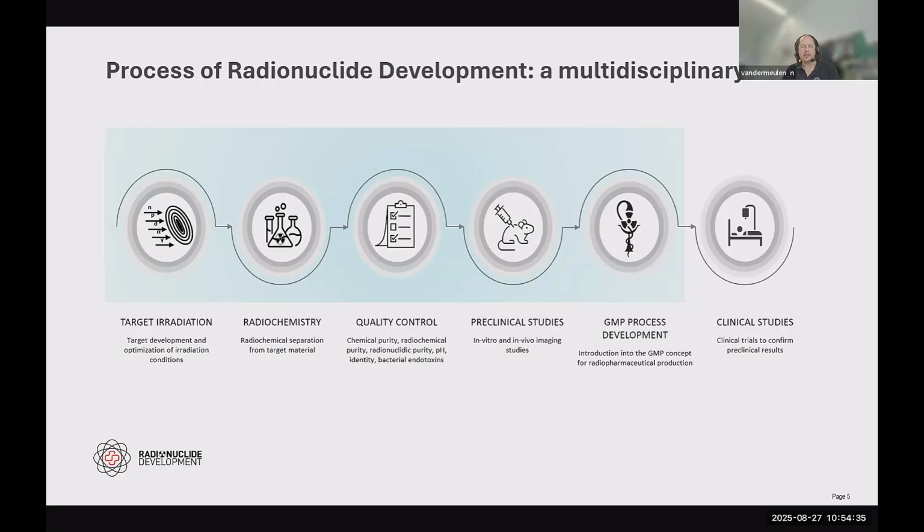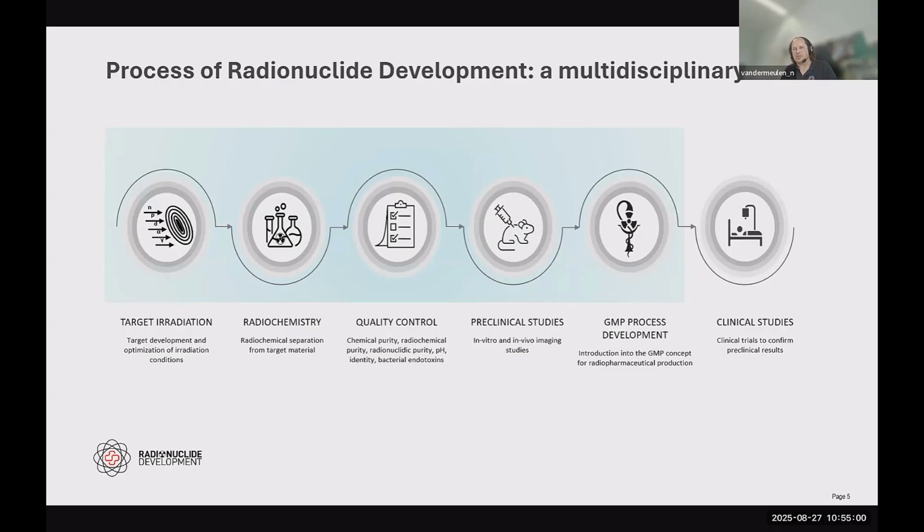We have radiochemistry, which ensures that your pure product is produced. The quality control ensures that we have a pure product that we can utilize, also with regards to labeling to a specific ligand. Preclinical studies take that radioligand and test it in an environment such that one can see how effective it is.